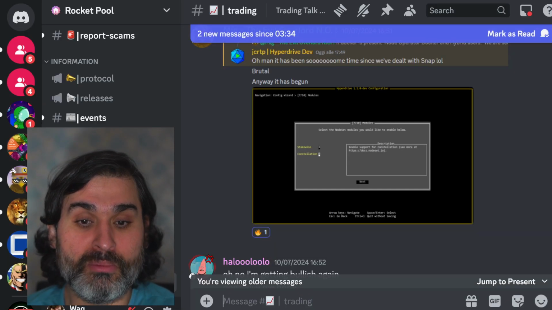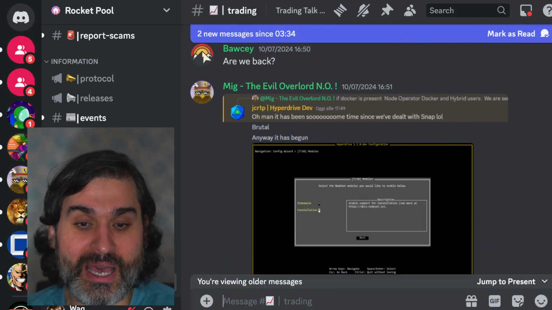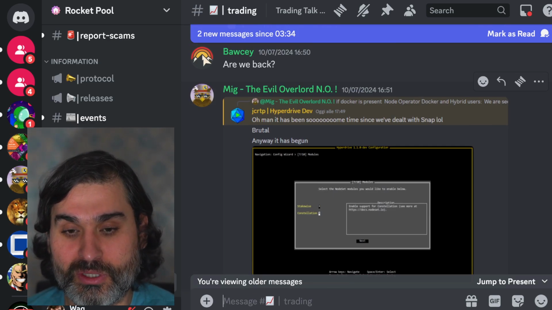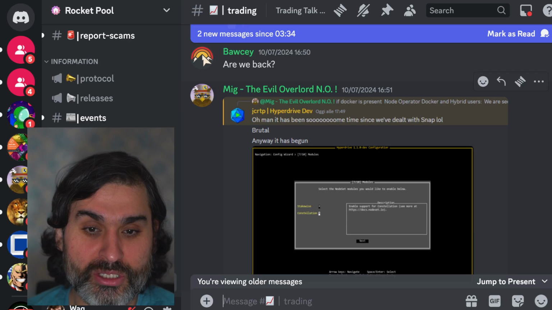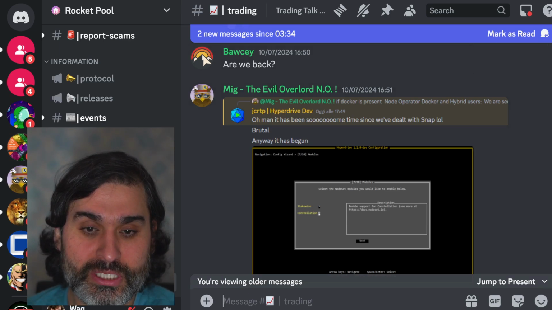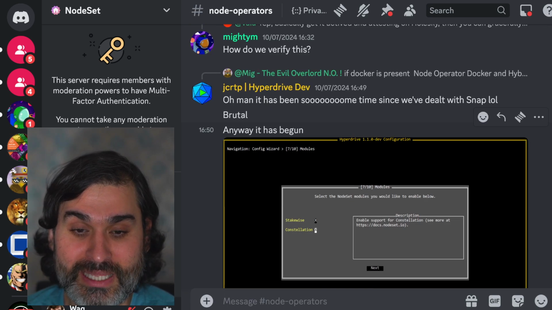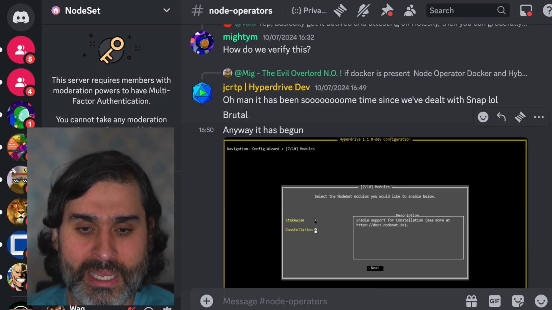Okay, next we are moving on to some staking news, and here we have Meg sharing a screenshot of Hyperdrive, which is from Joe. So let's just go straight to the NodeSet Discord. Joe says, it's been some time since we dealt with Stamp. Brutal, but anyway, it's begun.